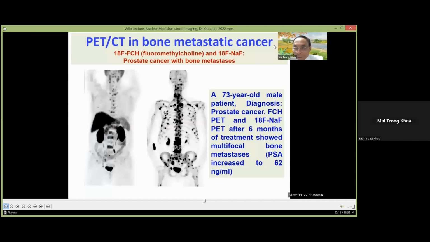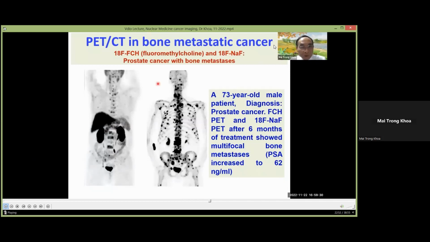And we can detect bone metastasis after treatment in a patient with prostate cancer by PET-CT. You can see. We use combined levels of fluorine-18 with FC8, and we can compare it with fluorine-18 FDG.